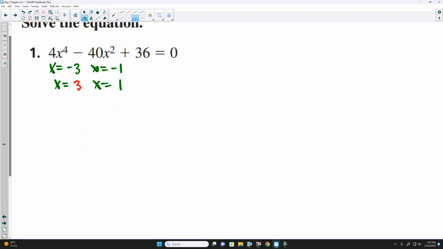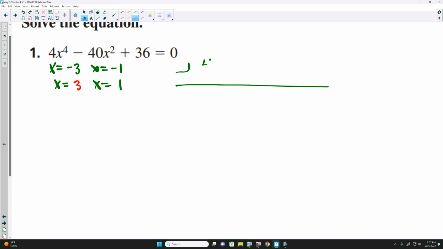And as we saw in the previous ones, the previous 2, our degree 4 gave us 4 solutions. This one's a degree 4. We found 4 solutions, so those should be all 4. And really that's it, because if we want to check and make sure, we can do synthetic division and take each one out, and then whichever one's left should be our last one.